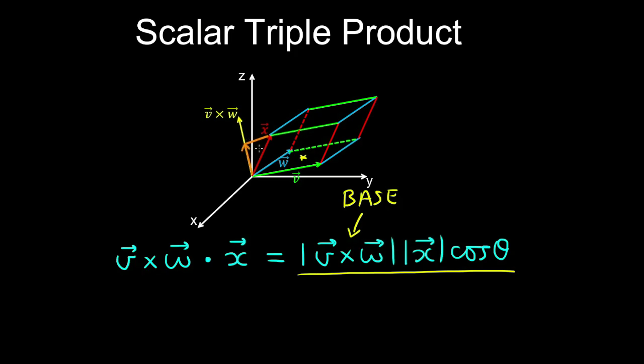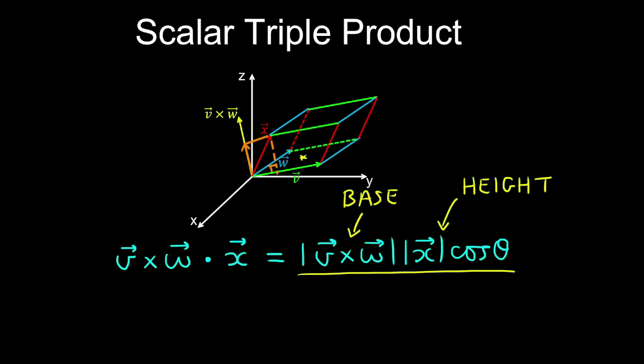So this distance here gives the height of the parallelepiped. So we have the base multiplied by the height gives the volume. In the case where we take the absolute value of cosine theta, because the volume is positive.